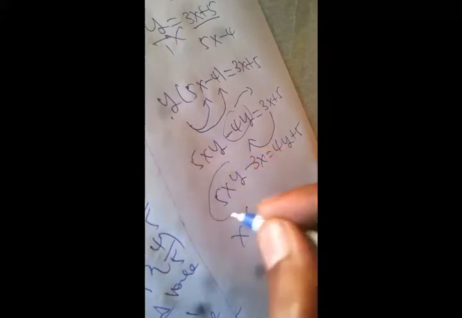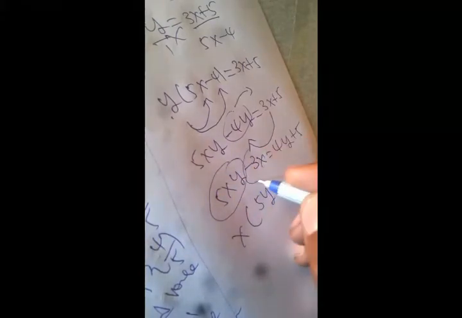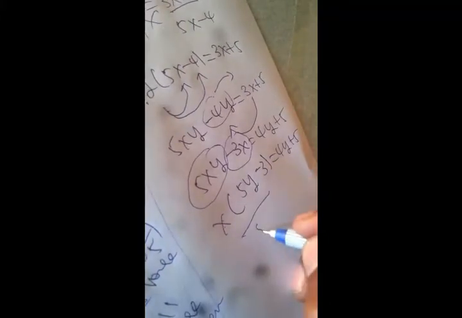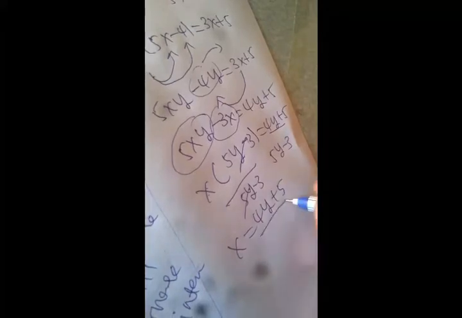When we take x as a common factor, 5y is left and -3 is left. Therefore, x equals (4y + 5) over (5y - 3).